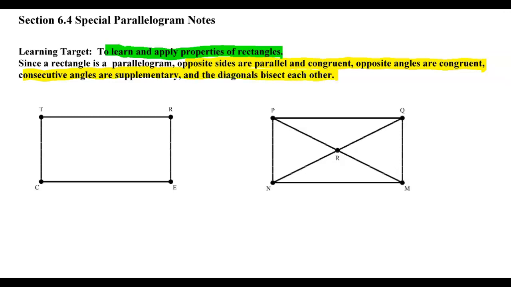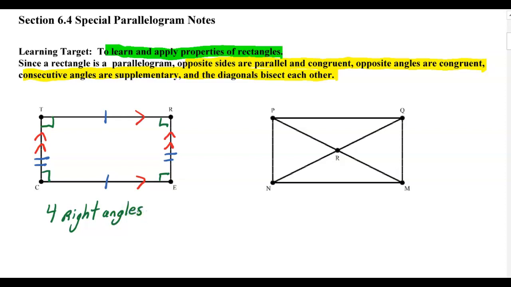What makes a rectangle special is not only are the opposite sides parallel, which I am marking, and the opposite sides congruent, which I marked in blue, but the angles are 90 degrees. So one property of a rectangle is we have 4 right angles.